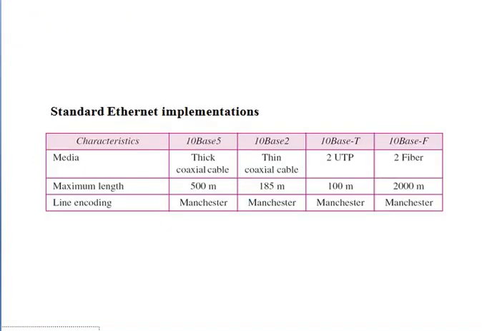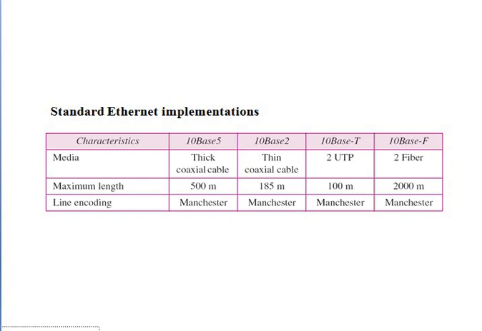This is what we can call the summary of the standard Ethernet implementation. We have characteristics: media, maximum length and line encoding. The media for 10Base5 is thick coaxial cable, 10Base2 is thin coaxial cable, 10BaseT is 2 UTP and 10BaseF is 2 fiber.